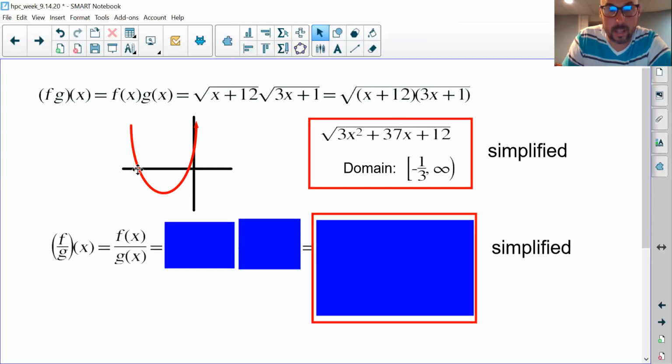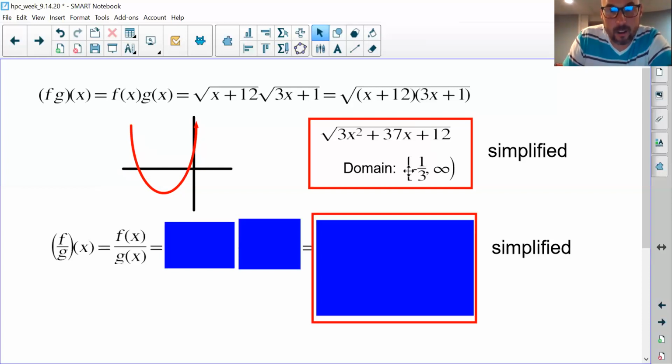One of the zeros is negative 12, one of the zeros is negative 1/3. Now, normally parabolas have a domain of all real numbers, but in this function, you're taking the square root of that parabola. Well, you can only take the square root of positive numbers. So what x values produce positive numbers for me to take the square root of? It would be everything to the left of negative 12, but also everything to the right of negative 1/3. So the domain would have two intervals.